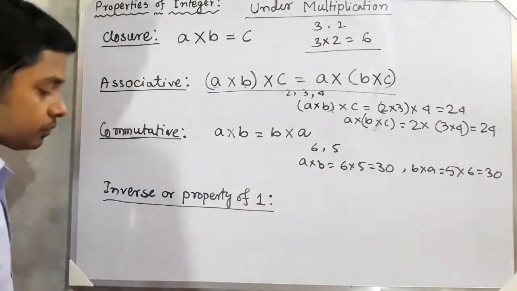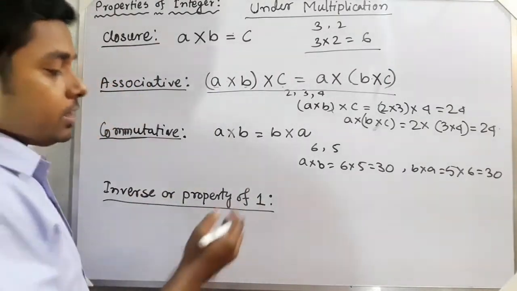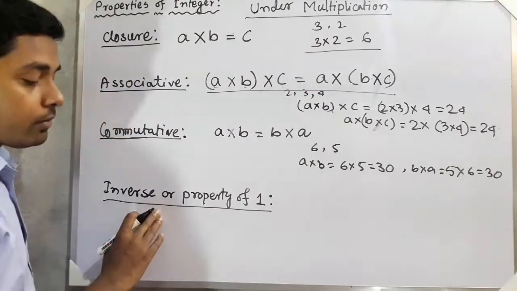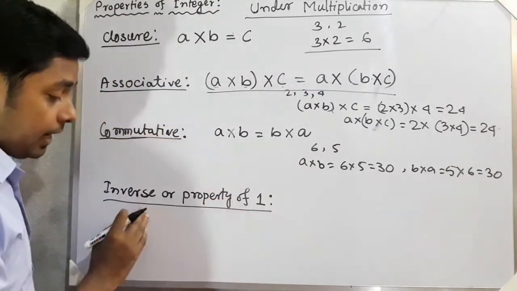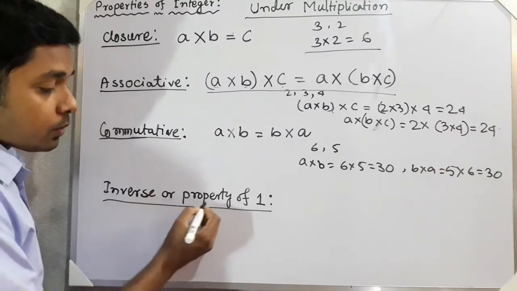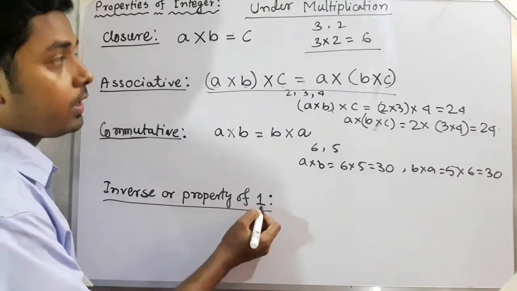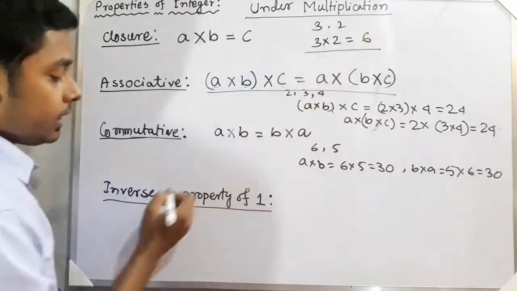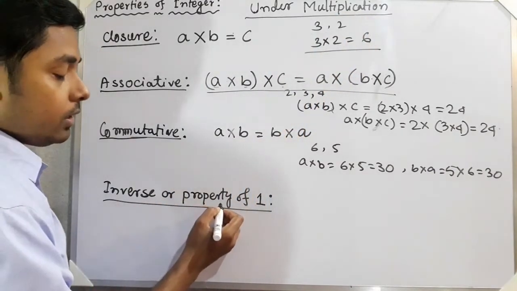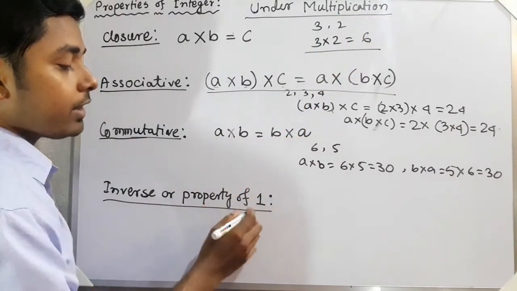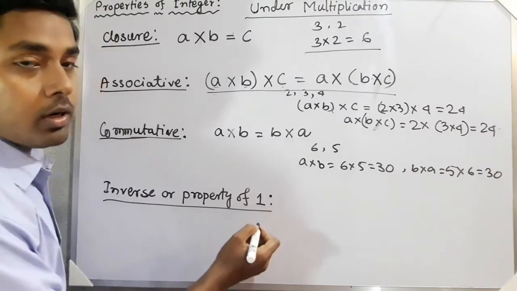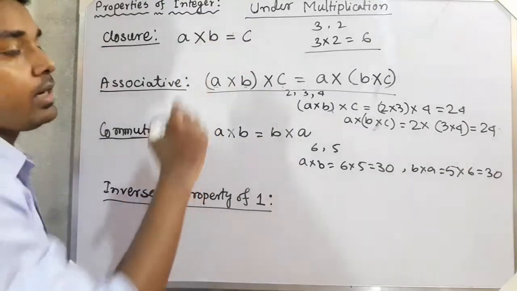Okay, now the inverse property, this property will be totally changed. And the another name of this property is what? Property of 1. Whenever we are talking about multiplication, inverse property has another name. What is it? This is the property of 1, or inverse property under multiplication.